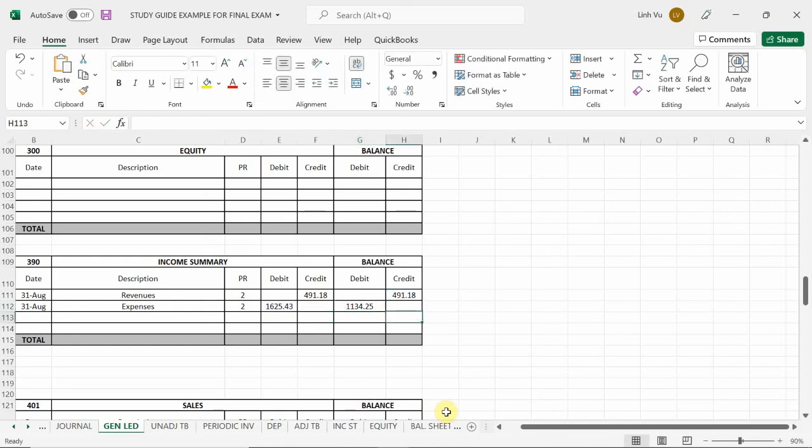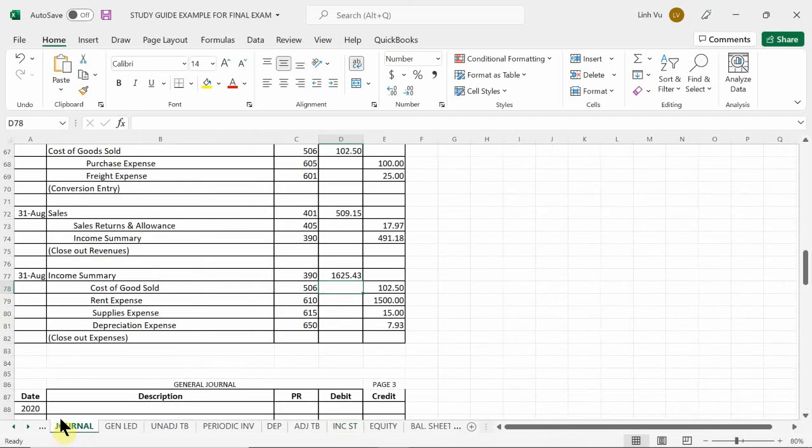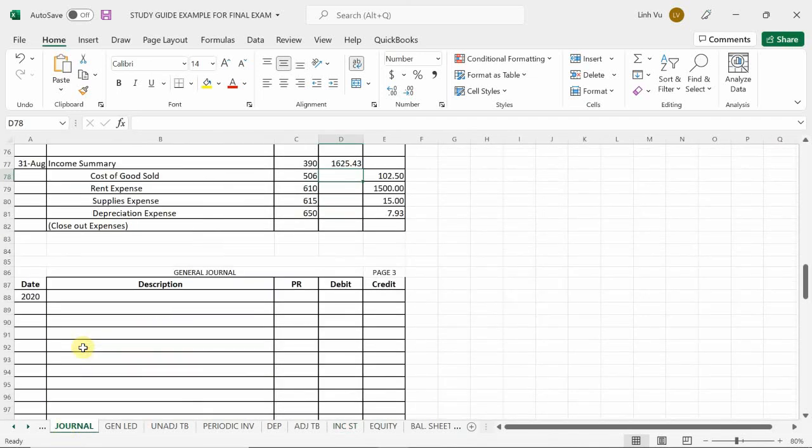So that can be on the debit side, $1134.25, which, where do we see this number? This number exists here in the income statement, right?